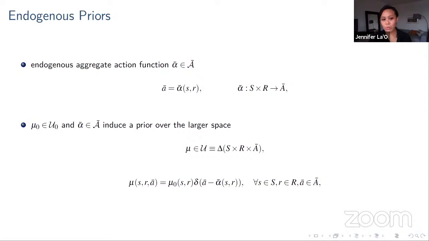With that, we can define the agent's prior over a larger space, over both the exogenous states as well as the aggregate action. It's induced by the common prior over the exogenous states, as well as the Dirac delta function over A bar. Agents are rational, so this is their prior over S, R, as well as the aggregate action.